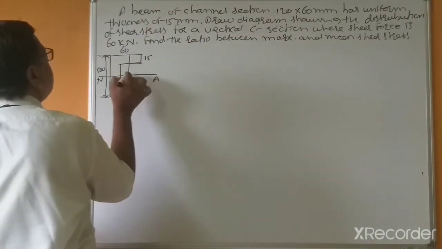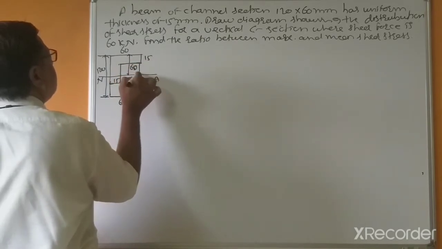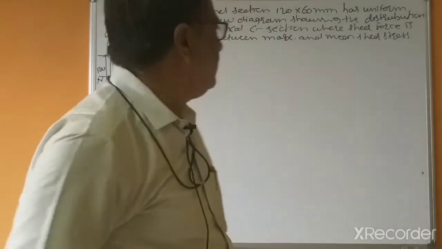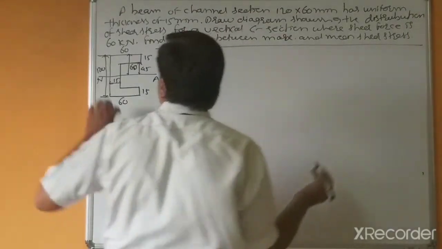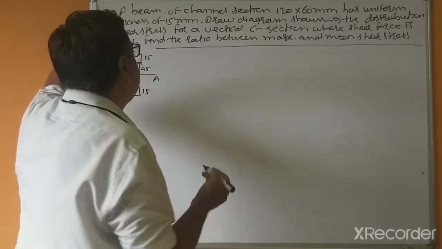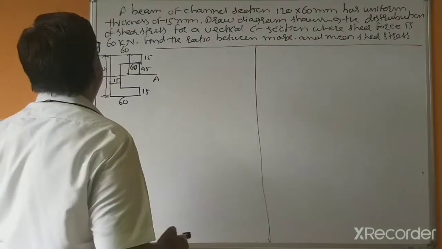So that's why this is 60 and this is 45. Now this is symmetrical about the neutral axis, and this hollow portion is also passing through the neutral axis.